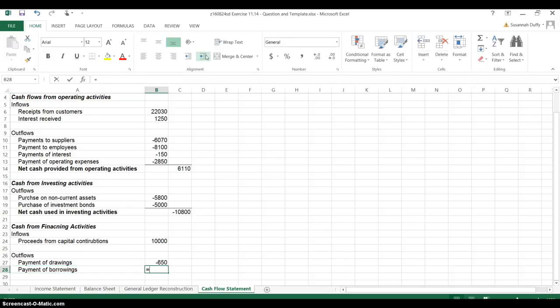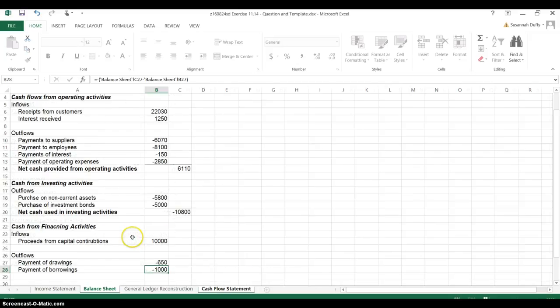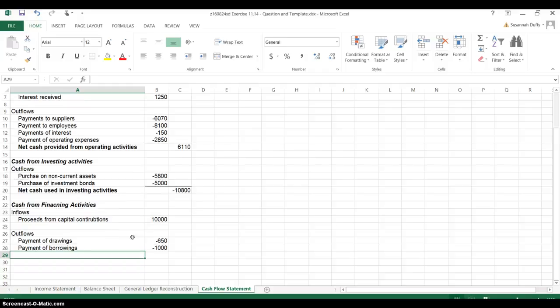Okay. This one will make it a negative. We'll put in our brackets. Balance sheet, scroll down to liabilities, there it is there. So we are going to take away last year's from this year's. So if it's decreased, it means we've paid it back, hence there has to be negative, it's an outflow of cash.